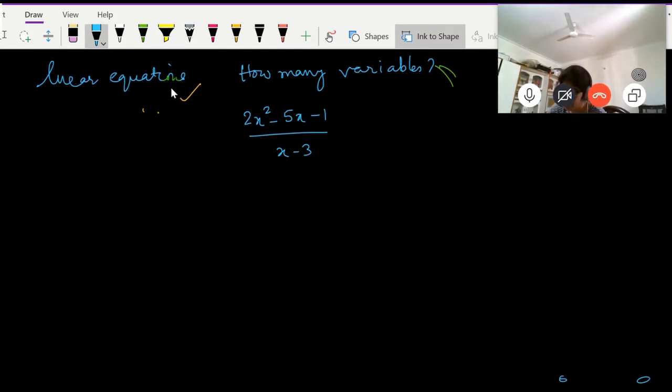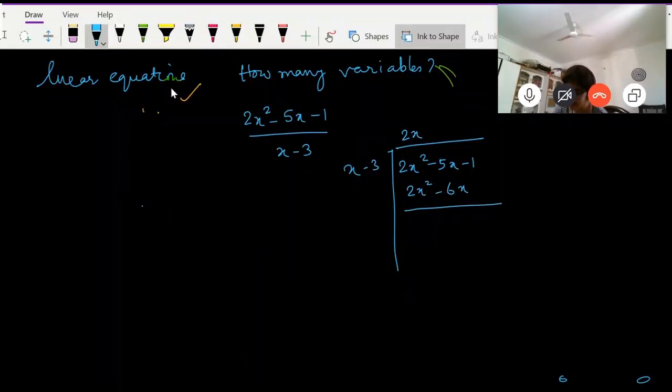We'll divide 2x^2 by x and we'll get 2x. Then we multiply 2x with x minus 3. We get 2x^2 minus 6x, which will become minus 2x^2 plus 6x.